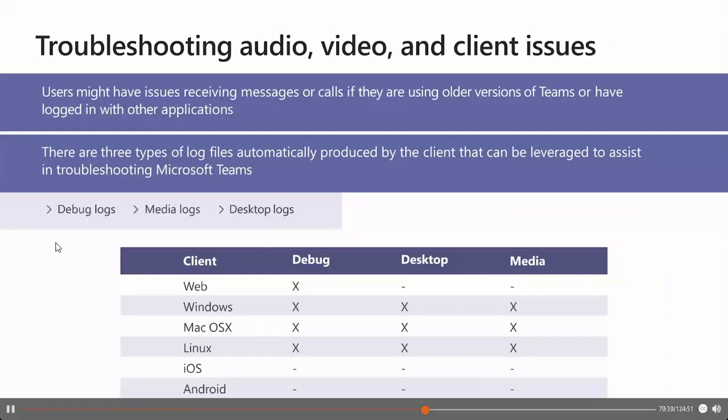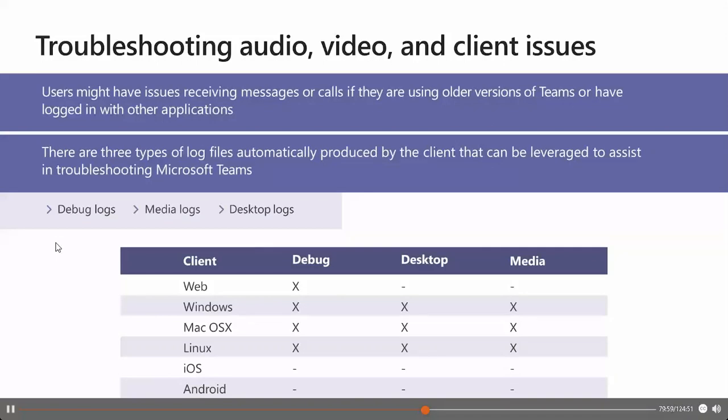Obviously, it's essential that you as a Teams administrator know how to troubleshoot the Microsoft Teams client, because the Teams client, the network, and any number of configuration issues in the Microsoft Teams Admin Center can disrupt your users from effectively sending and receiving calls and participating in Teams meetings.